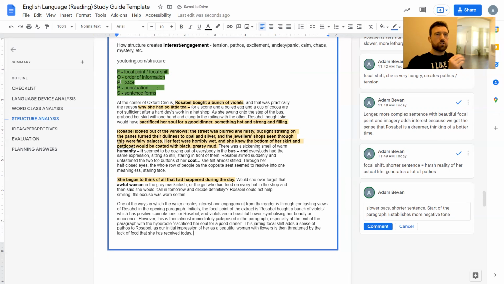So there are the two focal shifts. If you wanted to add a little bit more on top of that, which we can because we have a couple more minutes, so why not?